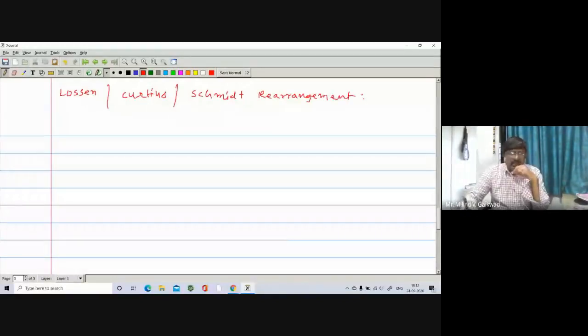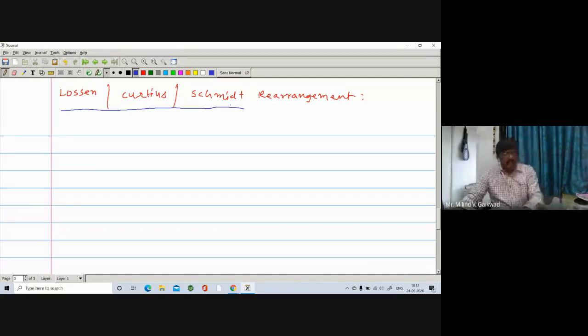So these are the three rearrangements: Lossen, Curtius, and Schmidt rearrangement. You should know what the starting compounds are and what their products are, right? So let us see the three rearrangements called Lossen, Curtius, and Schmidt rearrangement reaction.